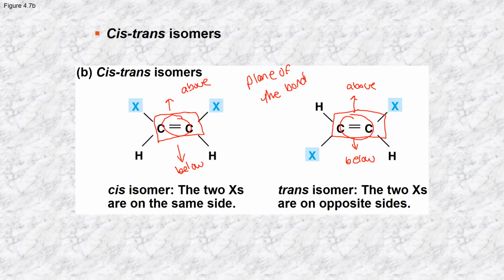I said ring earlier, sorry, I didn't mean ring. Now, above the plane of the bond and below the plane of the bond. Now we have 2, and the X could be just any atom. So if we made this OH, let's say both of them are OH or hydroxyl groups, then both hydroxyl groups are above the plane. This is a cis isomer.